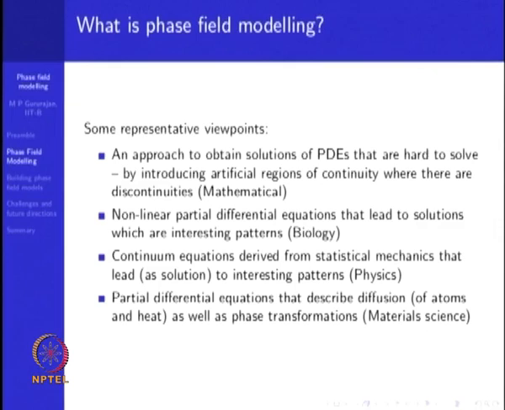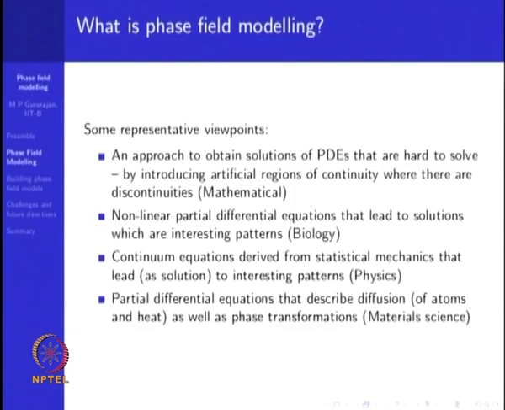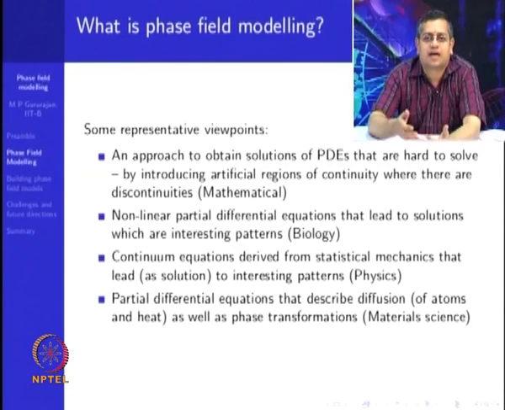For example, mathematicians think that phase field modeling is an approach to obtain solutions for partial differential equations that are hard to solve. We have seen that you can look at the Cahn-Hilliard and Allen-Cahn kind of equations as nonlinear partial differential equations, and when you put them together you have highly nonlinear coupled partial differential equations. And now a priori we need to know if there is a solution, and what is the type of solution and so on.